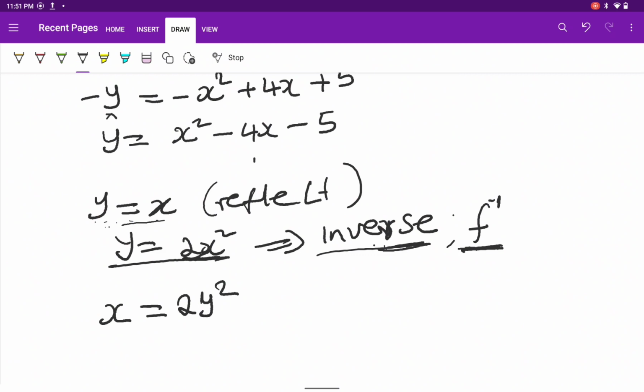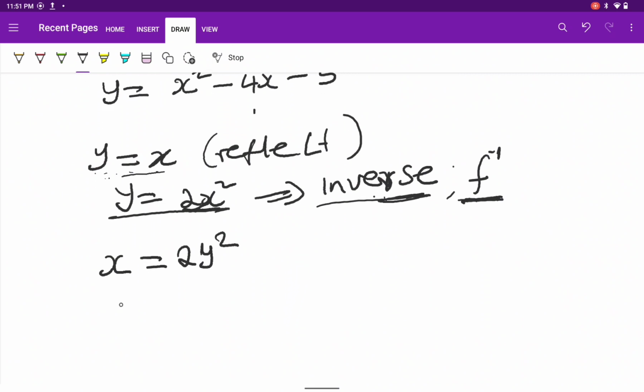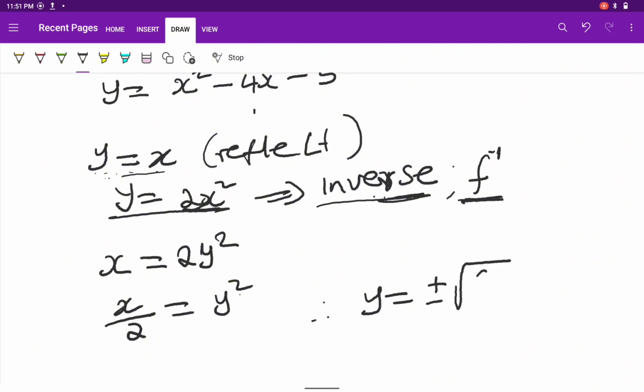So to solve for y here, we can start by dividing by 2. So we have x over 2 equals y squared, and then we can solve for y. To get rid of this square here, we find the square root. Therefore, our equation will be y equals, now remember, the square root must be plus or minus, the square root of x over 2. So we will have this type of equation.